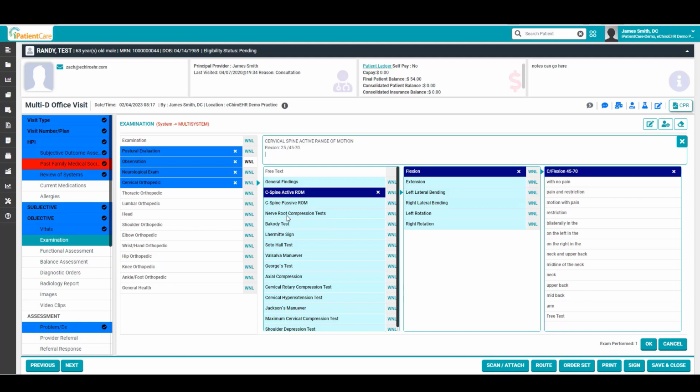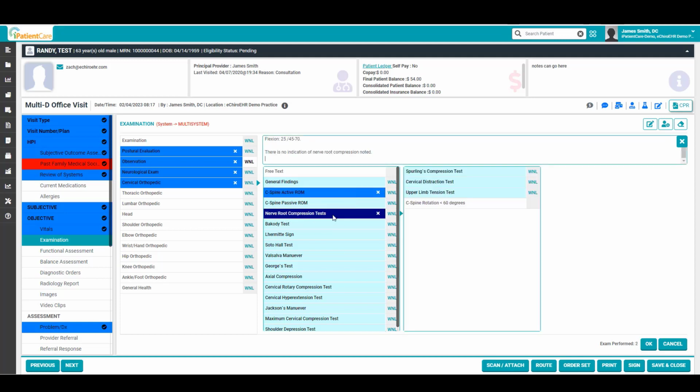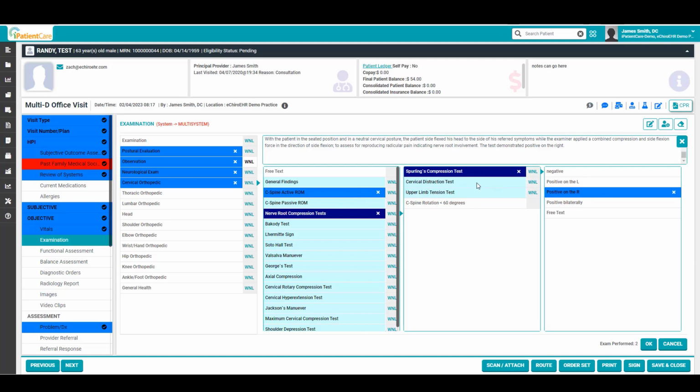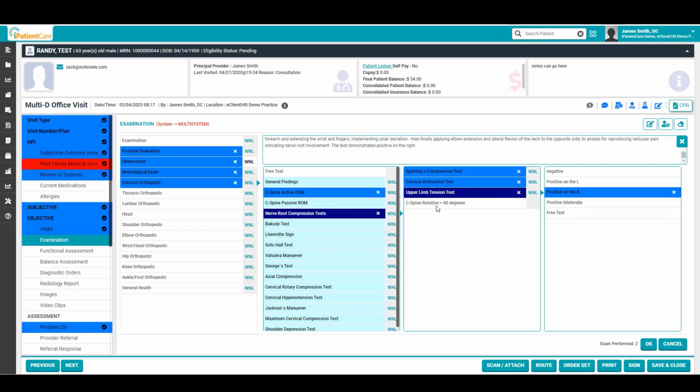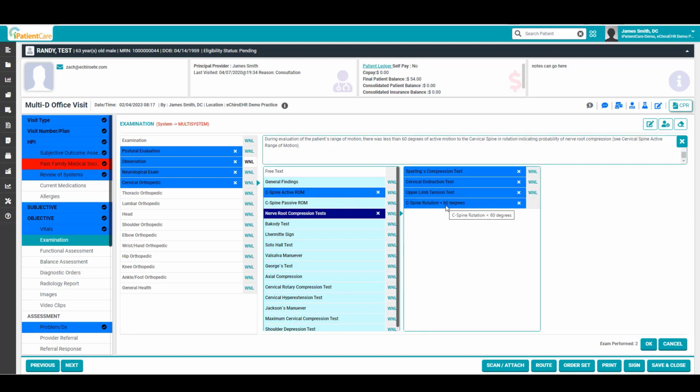So for instance, nerve root compression tests, these 4 tests have been clinically proven to help support the likelihood of nerve root compression. So for instance, Spurling's compression test, let's say it was positive on the right, distraction test, positive on the right, upper limb, positive on the right, and that the patient had less than 60 degrees of cervical spine rotation.